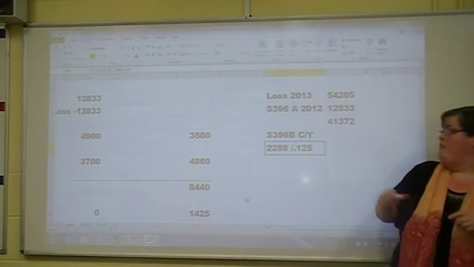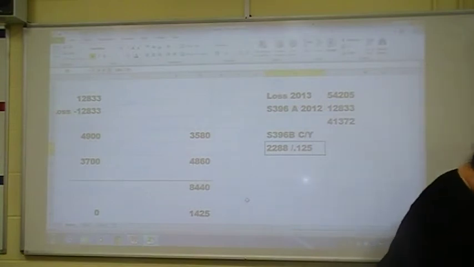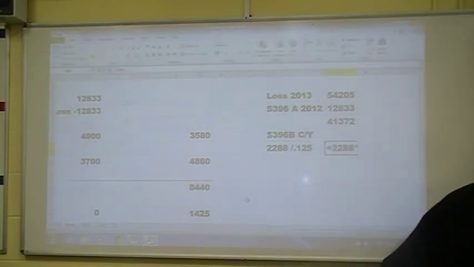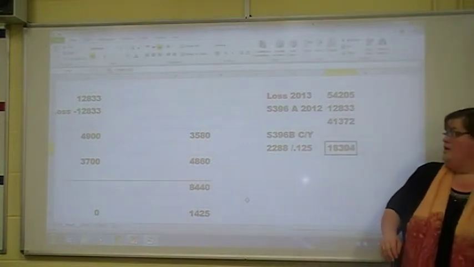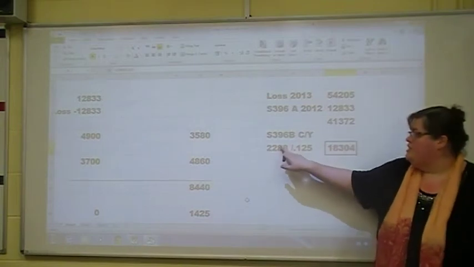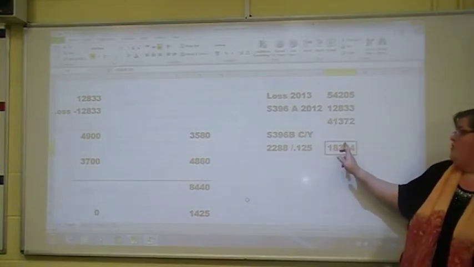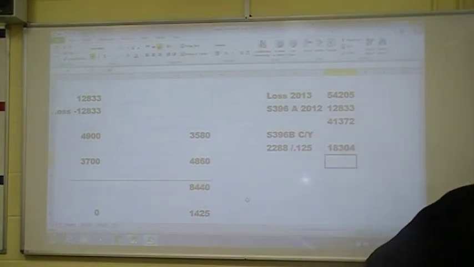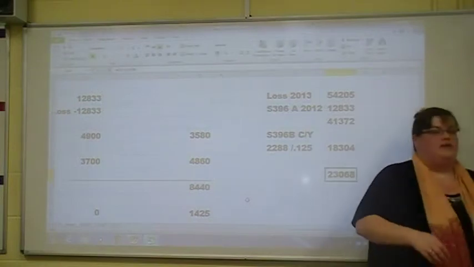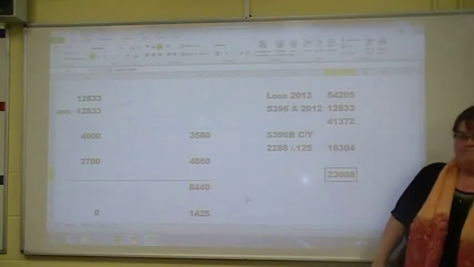Take your corporation tax liability and divide it by 0.125, which gives us 18,304. So to get rid of €2,288 worth of corporation tax liability, I need 18,304 worth of case 1 loss. So just bring down your figure again, 41,372 minus 18,304. So you've got 23,068 worth of loss to be carried forward again.